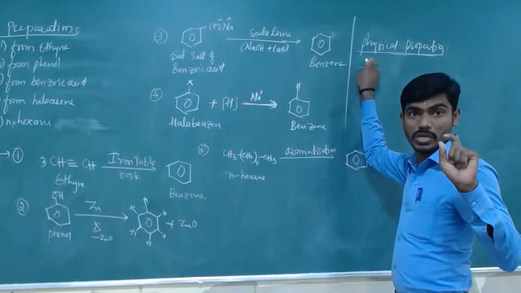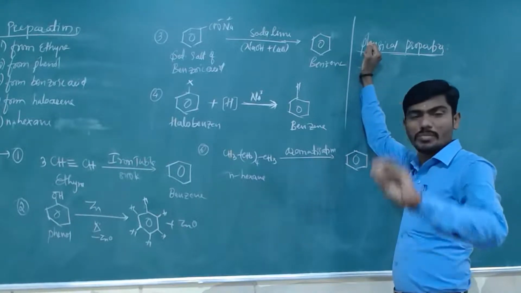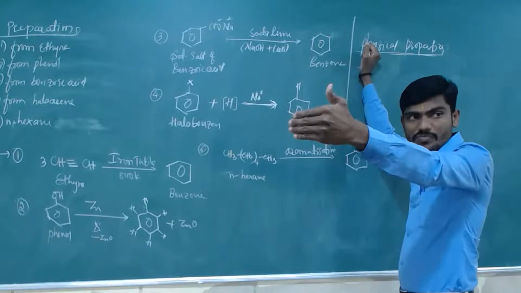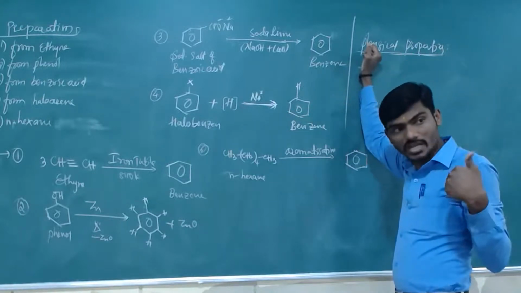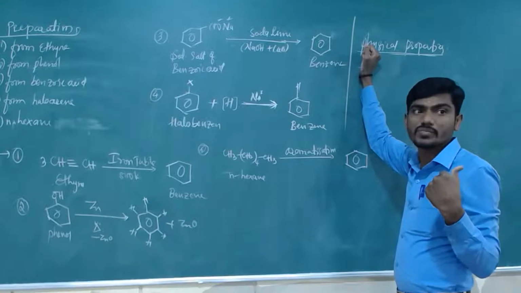Previously, in the physical state, C1 to C4, the lower members, are in gaseous phase, C5 to C17 approximately liquid, and more than C18 solid state.